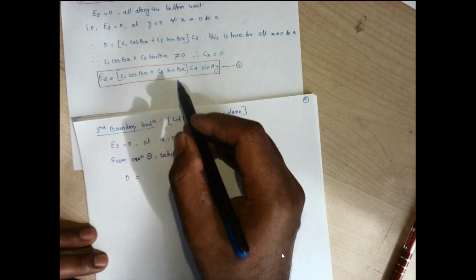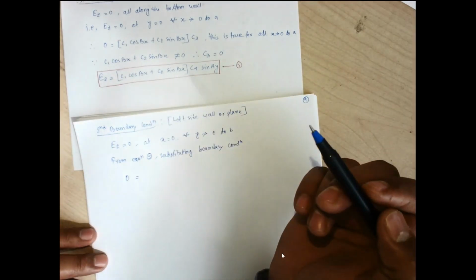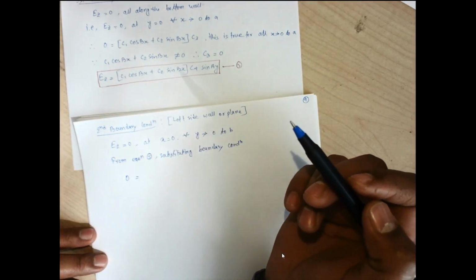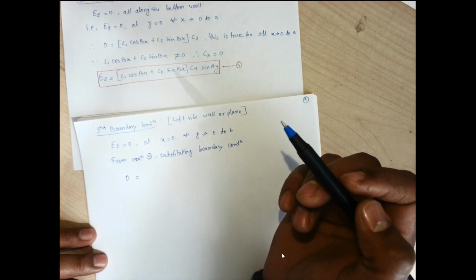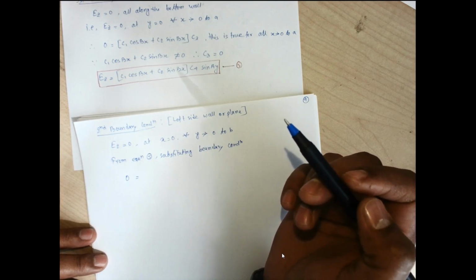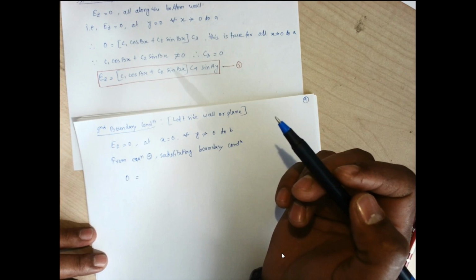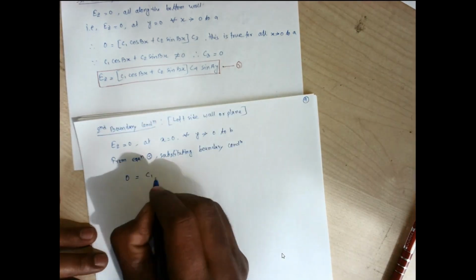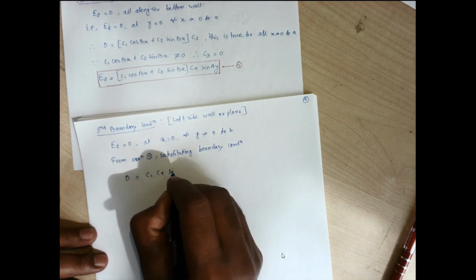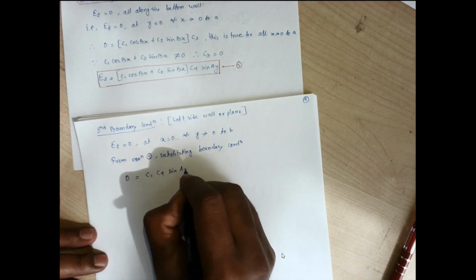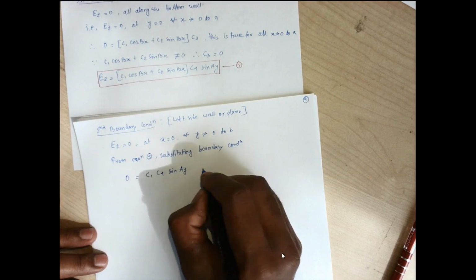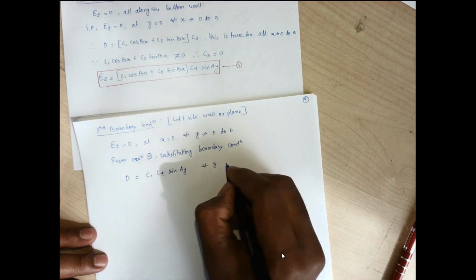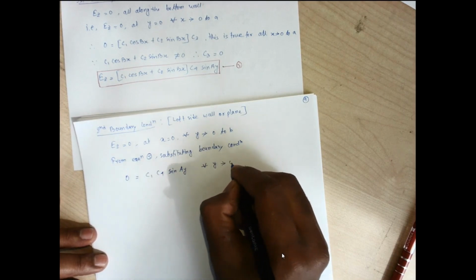So obviously sin bx will become 0 and cos bx it is 1. So we are having c1 c4 sin ay, c1 c4 sin ay, for all values of y ranging from 0 to b.